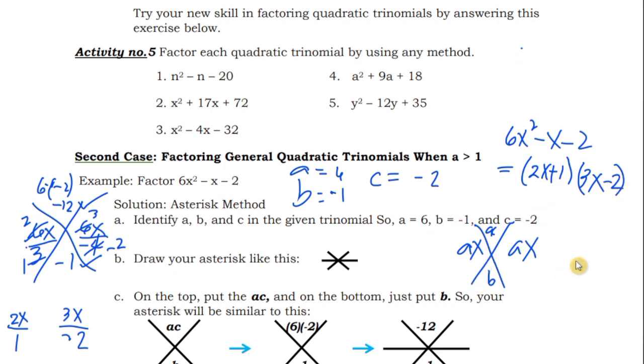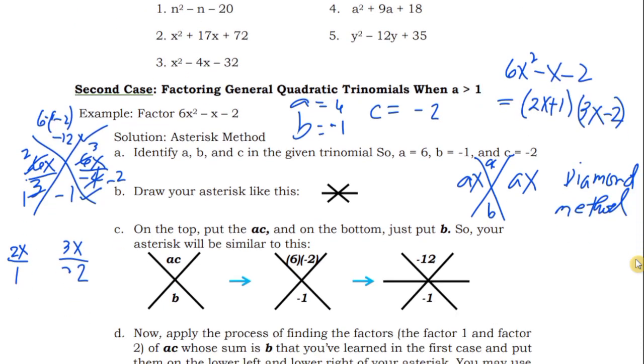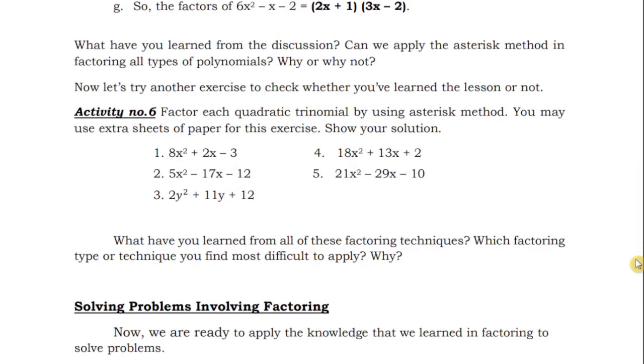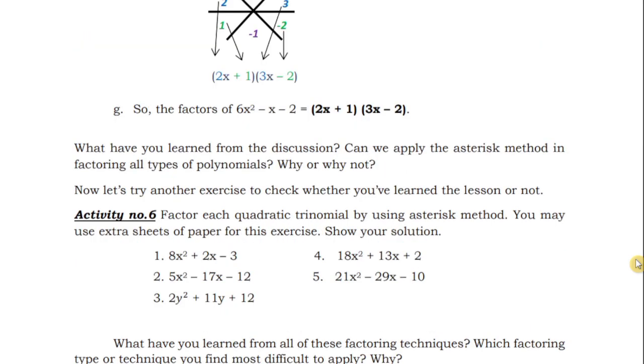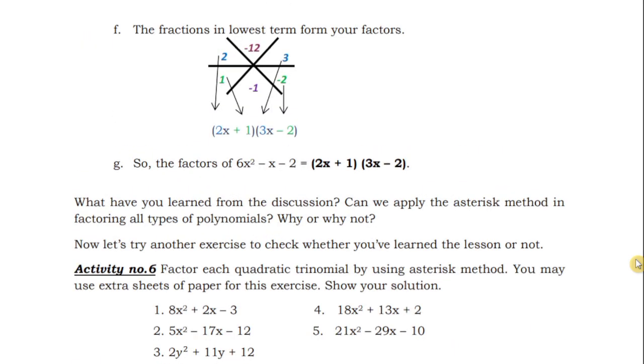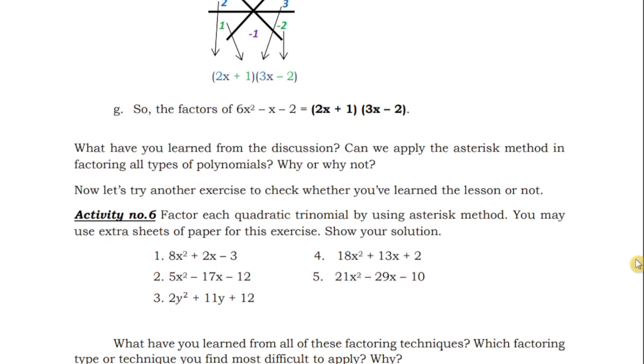In other books this is called the diamond method. So that is the factor for this example: 2x plus 1, 3x minus 2.